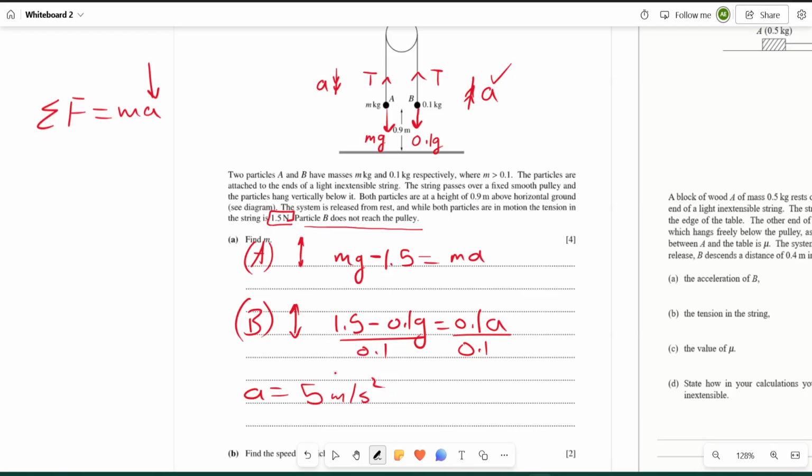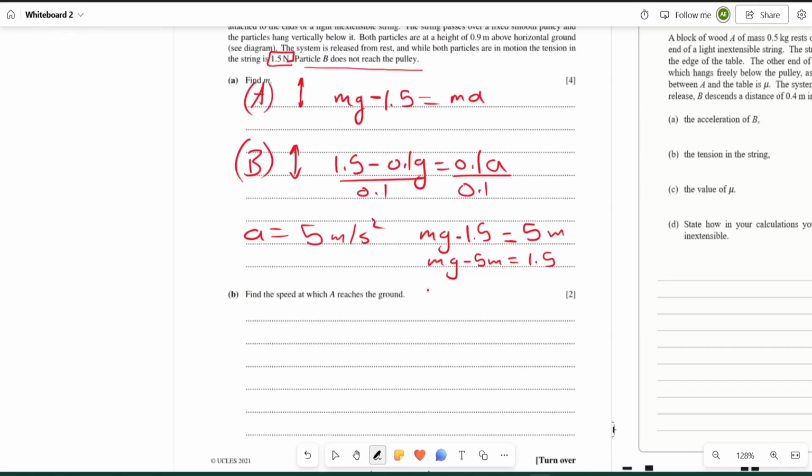So this is a. What I can do is substitute it over here to find m, so it's going to be mg minus 1.5 equals 5m. Acceleration is 5, and this is m. So I will group them together. I will move this 1.5 here, and I will get the 5m over there. So it's going to be mg minus 5m equals 1.5.